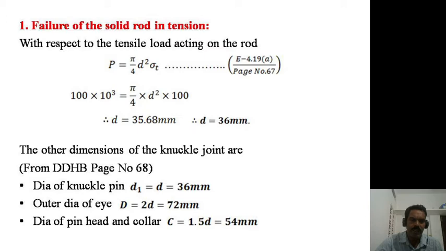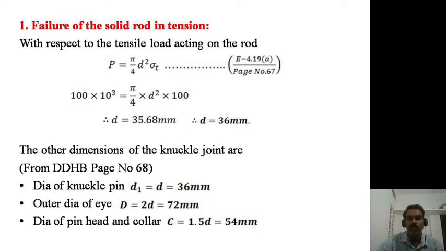Next, diameter of the pin head and collar, C value. In this procedure we have to calculate first B, C, D, E and F. After finding all these we can design the knuckle joint. So the diameter of the pin head and collar, capital C, is equal to the empirical formula 1.5d.